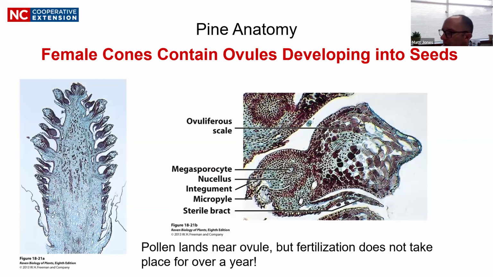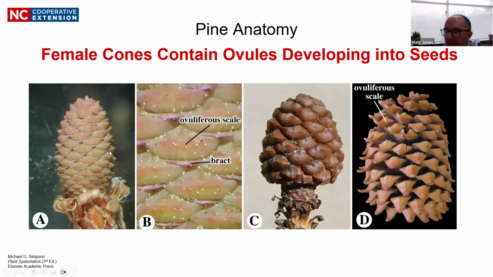But those so-called ovuliferous scales, at the base of them, before they develop, will have structures that contain, to keep it simple, an ovule that contains an egg cell. So what will happen is when a cone is accepting pollen, here the pollen grains blown in the wind, they land on this ovuliferous scale.